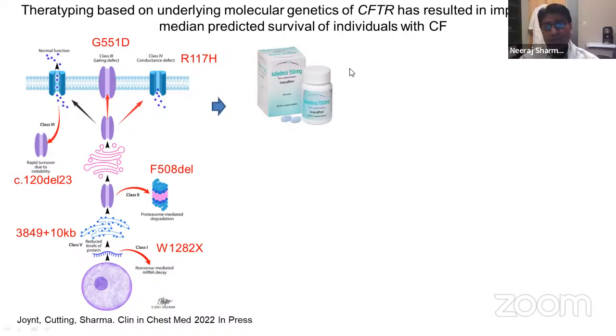So this is one class of the drug that has got FDA approved, and this is called a potentiator, that works on the variants like class 4, 3, and class 6 that make it to the surface, and it results in the potentiation of the CFTR protein.